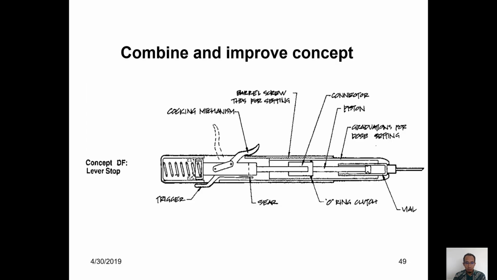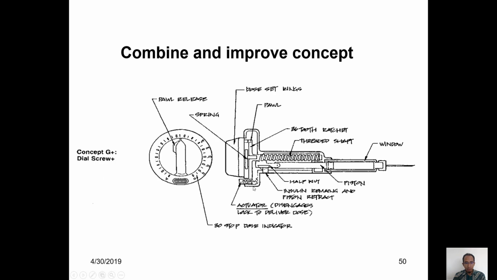Okay, so now we try to think about combining and improving the concept from the 4 concepts that pass the screening process. So for example, concept D and F is combined into concept DF, which is lever stop, or concept G plus, which is dial screw with plus.